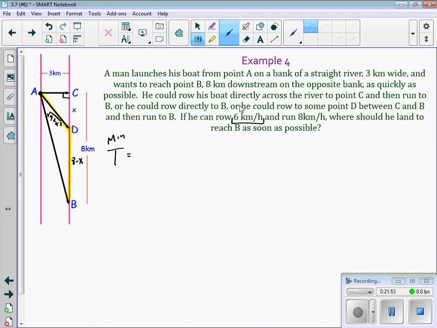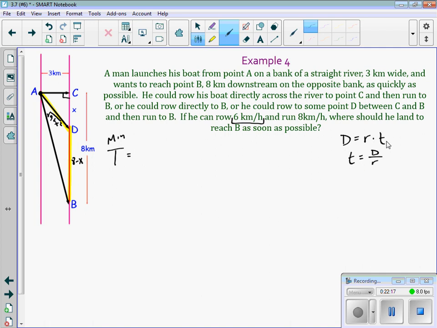What's that called? It's like a velocity or a rate. So what we're going to use is distance equals rate times time. If I want to find time, what would I do with my distance and my rate? Divide by r, right? So you're going to take the distance and divide it by their rate, and that tells you how much time they spent doing that, okay?